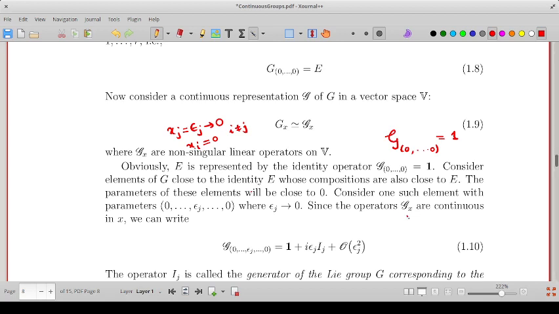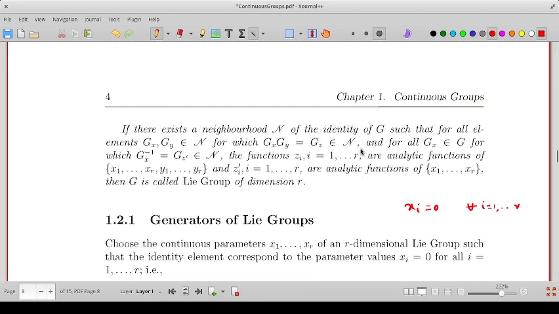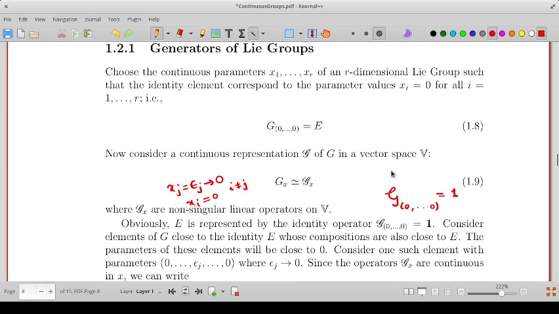Now this mapping from the parameter to the representation operators is a continuous one. And we also know that these are analytic functions.